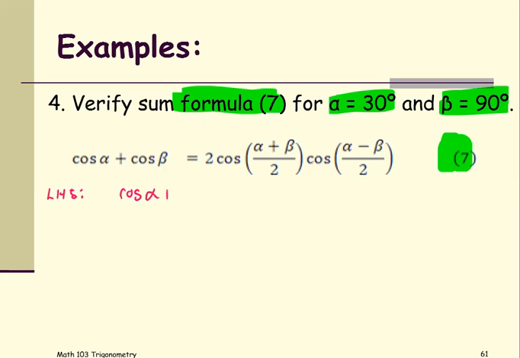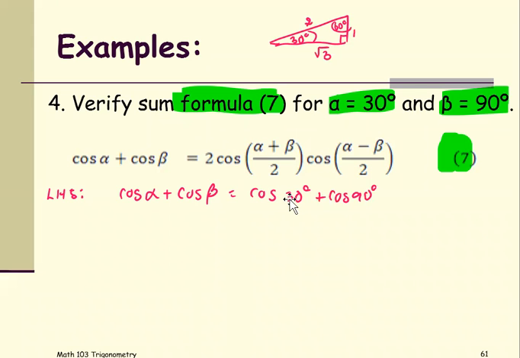So cosine alpha plus cosine beta is the cosine of 30 degrees plus cosine of 90 degrees. From the right triangle diagram, in a quick way, we locate 30 degrees, 60 degrees. The adjacent is square root 3, opposite is 1, and hypotenuse is 2.